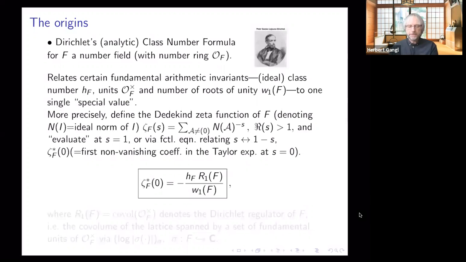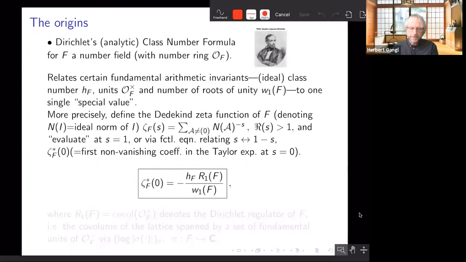If we denote by zeta_F star of 0 the first non-vanishing coefficient in the Taylor expansion, then this is related to essentially the product of the class number and the regulator attached to F, and here we have the number of roots of unity w_1 of F also entering the game.